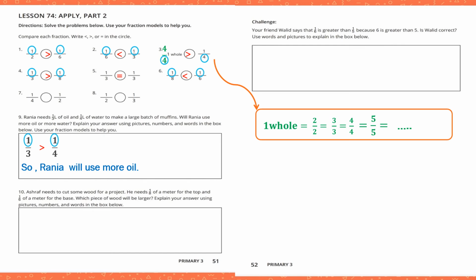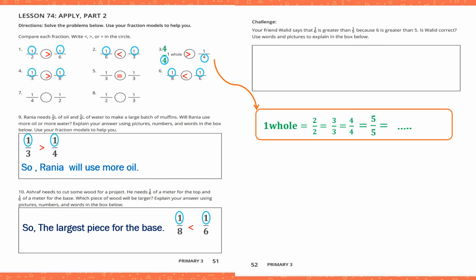Which piece will be larger, the top or the base? We have 8 here and 6 here. We have the same numerator, so the smaller denominator is bigger. So 6 is bigger, which is for the base, the largest piece is for the base.